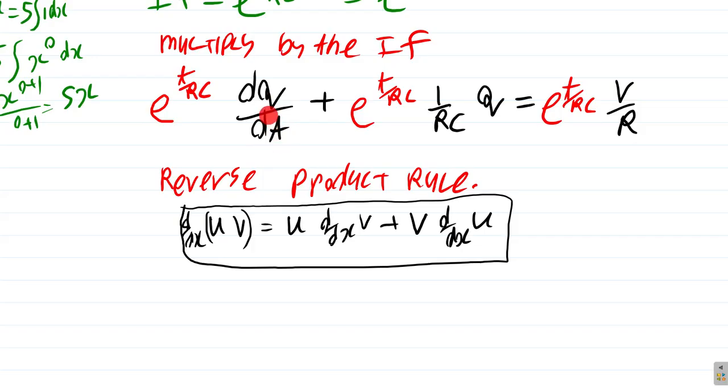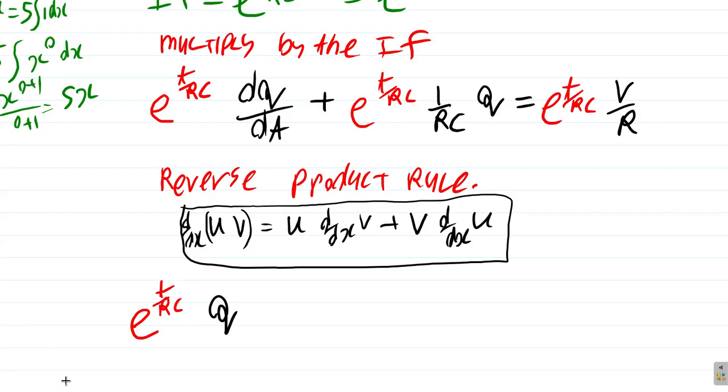So one of the items that you would have multiplied would have been q. Right? You differentiate q. Now, it means that you would have held e to the t over RC. So you have e to the t over RC here.